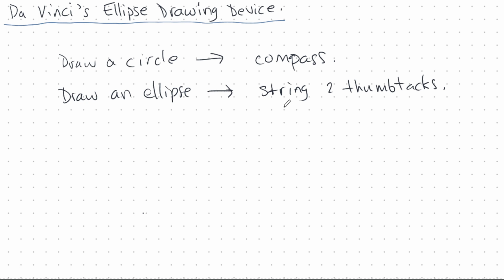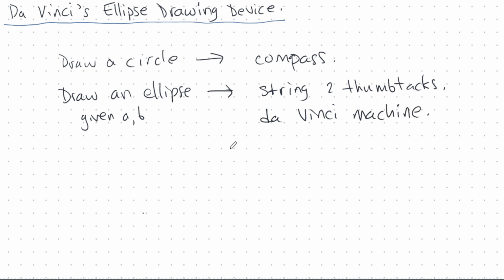But what if you're given A and B, the semi-major and semi-minor axes of the ellipse, and you want to draw an ellipse precisely with that A and B? Well, there's this very clever method that is purported to have been invented by Leonardo da Vinci, the Da Vinci machine, or Da Vinci device.